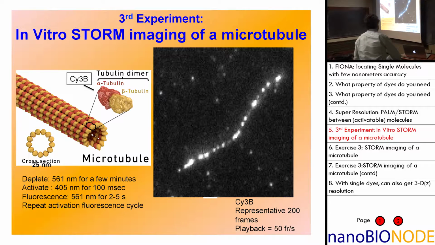Like I'm saying, this guy and this guy are overlapping. What does that mean? We cannot see two point spread functions. Yes? Good. So we can't see two point spread functions.